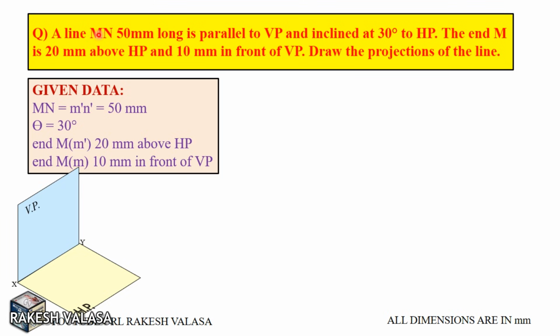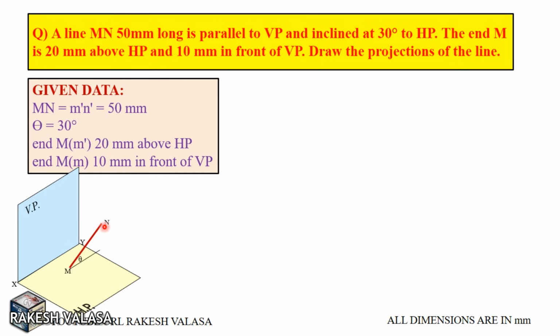Now keep it as per the given position, that means the line is at 30 degrees to the HP. This is your pen MN, this end M, this end N, and kept at 30 degrees with this horizontal plane, that means theta.